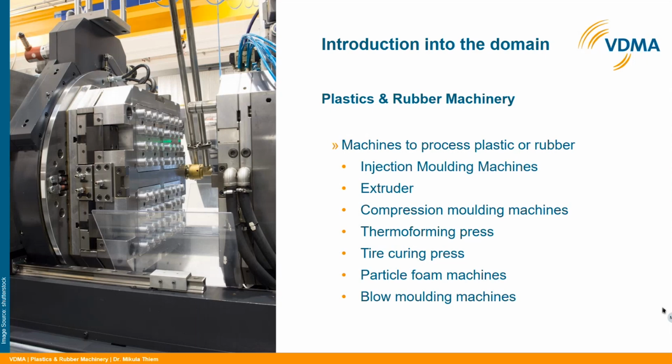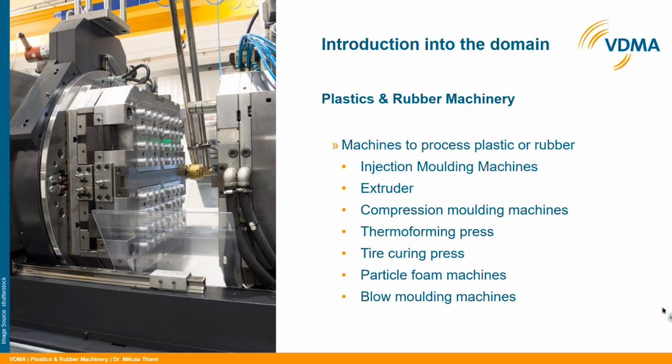Then in the group, there are also extruders with a continuous production process for, let's say, extrusion of endless profiles like tubes or pipes or window profiles, but also very important plastic film and tubes for packaging. Then there are compression molding machines for large sheets of plastic, like automotive body parts, for example.